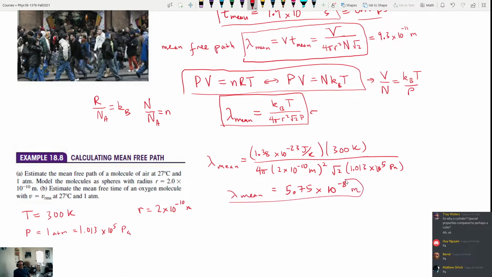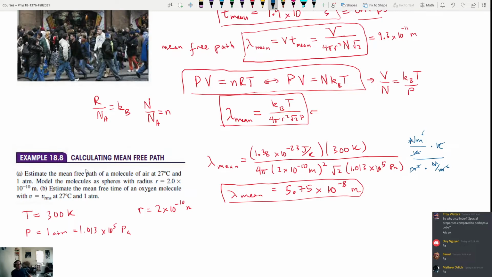And we can check to see that the units are actually meters real quick. We've got joules, which I'm just going to say for the sake of simplicity is Newton meters. Joules per Kelvin times Kelvin divided by meters squared times pascal, which is newtons per meter squared. So cancel, cancel, cancel. Just have a meter left over, which is what we want. That's good.